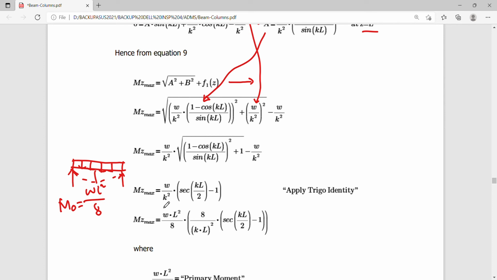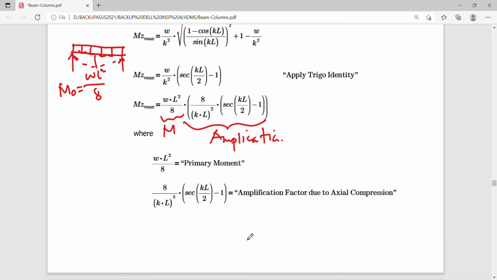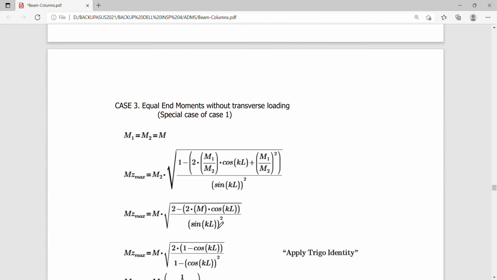Okay? Then the K there can be placed inside the L there, it's squared there, so you didn't change a thing. So secant KL minus 1 will remain the same. So this is now your amplification factor, and this is your moment. So where this value again is the primary moment, and this is the amplification factor.